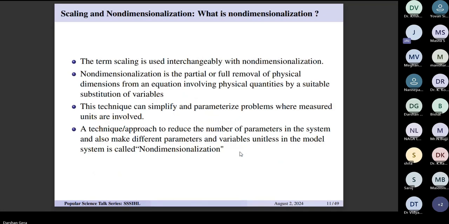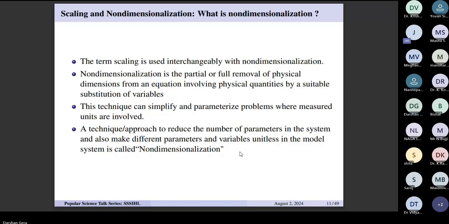Now this was one part that I mentioned at the start of my talk, that we will talk about dimensional analysis. For that, I have discussed so many concepts. The word itself gives its definition: making the parameters and variables present in the equation dimension free.